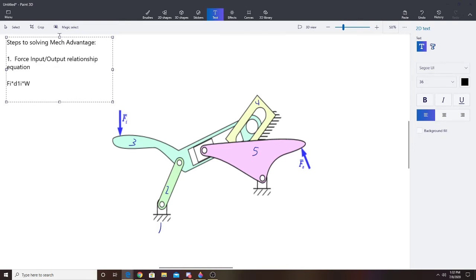We're going to renumber these, because this is kind of a bad way to write it, but I'm writing it in very generic, vanilla terms. Then we would have force output times D1O, that's D1 output, times omega output.